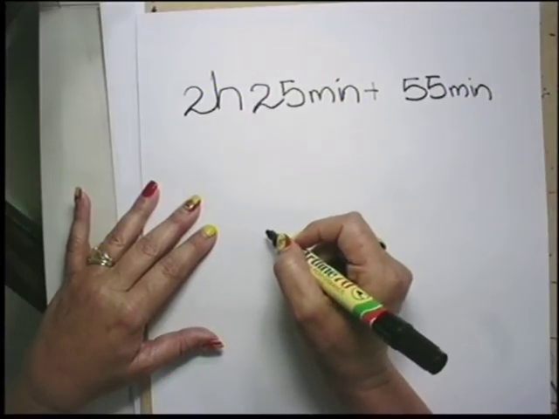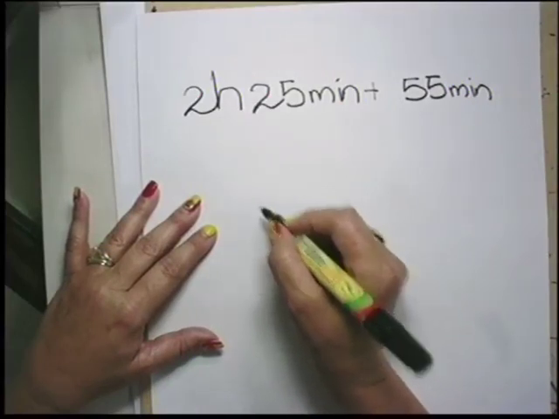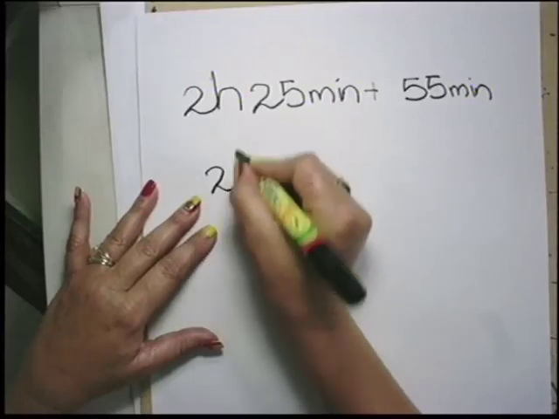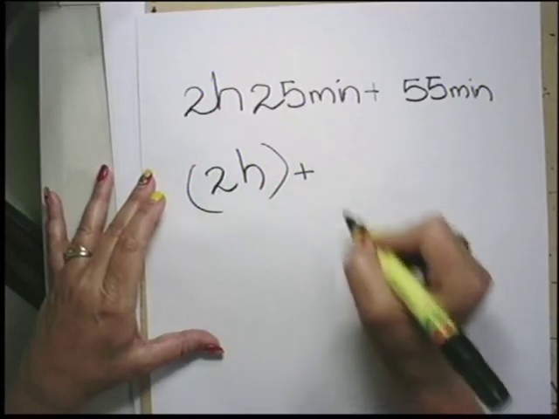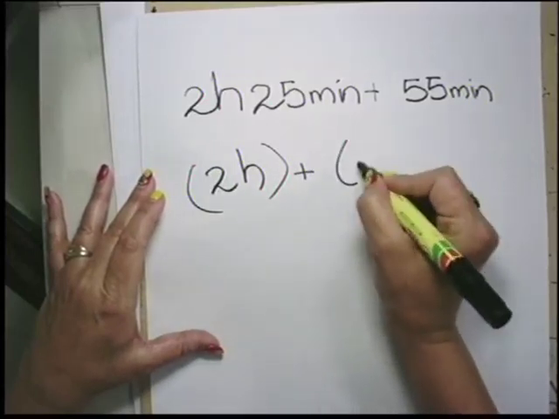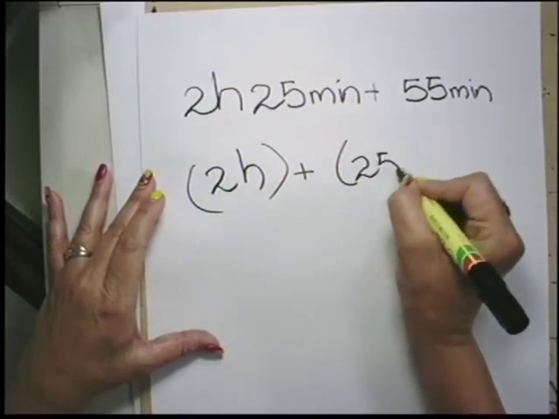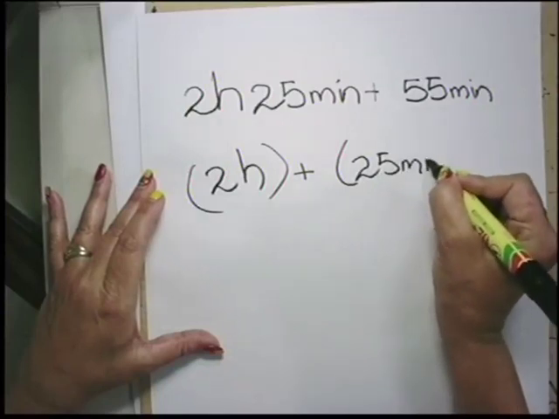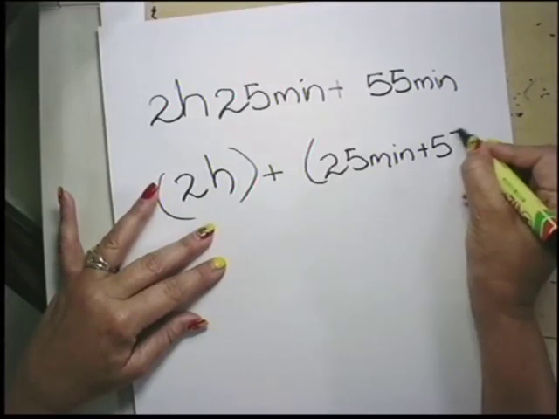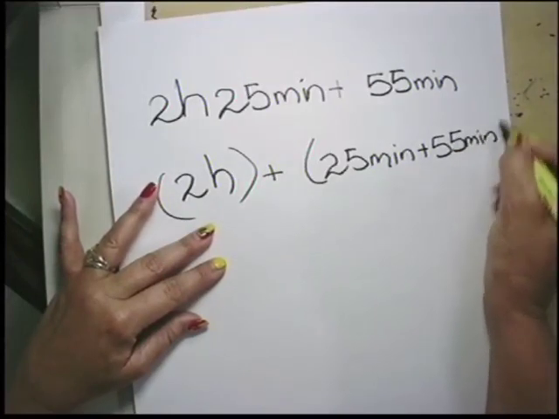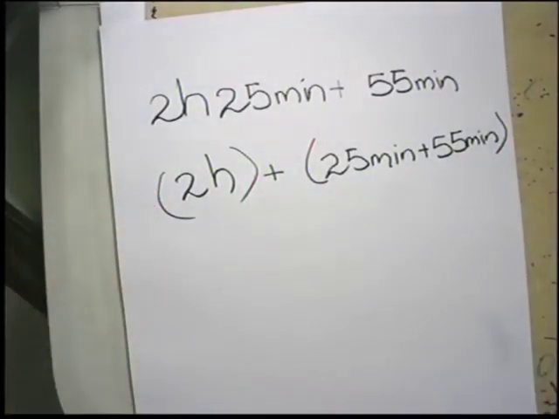Calculating time. First, I separate my terms. I have 2 hours here plus 25 minutes plus 55 minutes. Right.